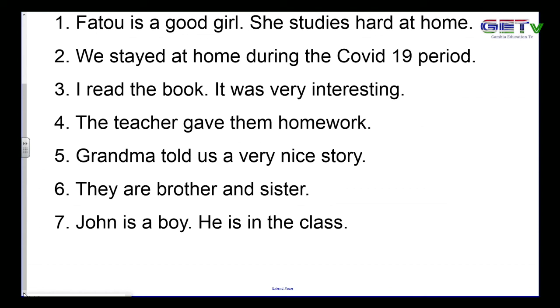6, they are brother and sister. Identify the pronoun in that sentence. They are brother and sister. What is the pronoun?